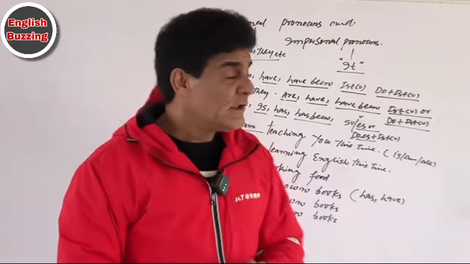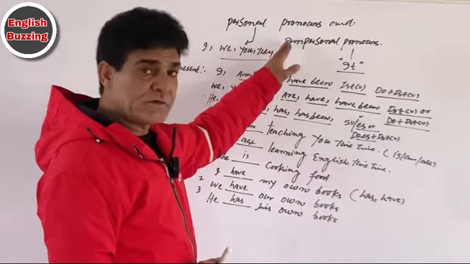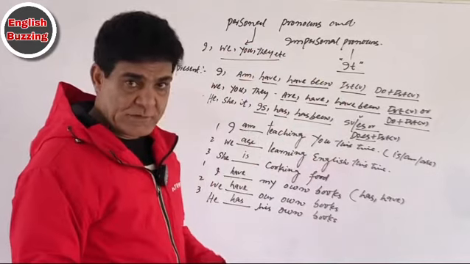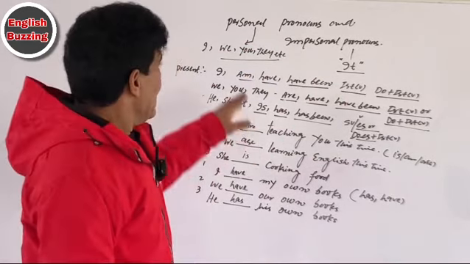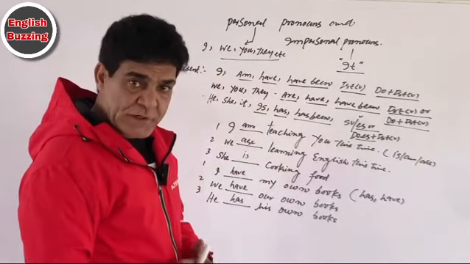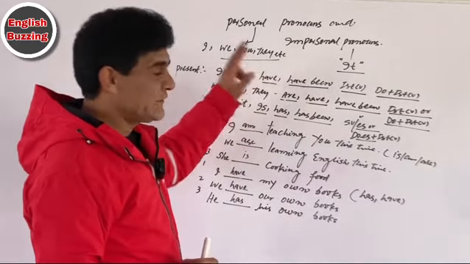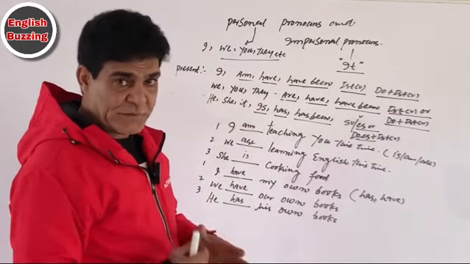So today we are going to talk about personal pronouns and impersonal pronouns in present. Means we are going to talk about present today. When we talk about personal pronouns, or simply I, we, you, they, etc., personal pronouns refer only to persons.